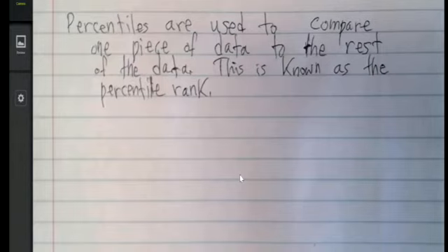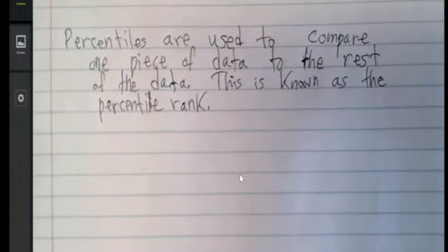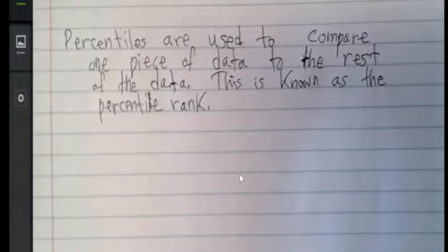Now, let's have a look at page 68 and 69, a couple of examples. So again, percentiles are used to compare one piece of data to the rest of the data. This is known as the percentile mark.